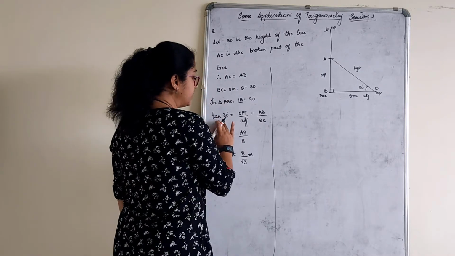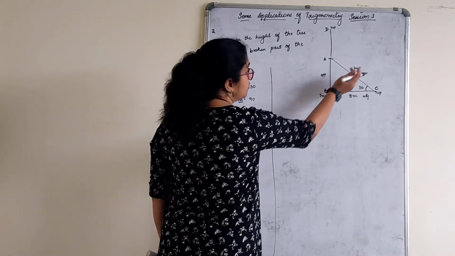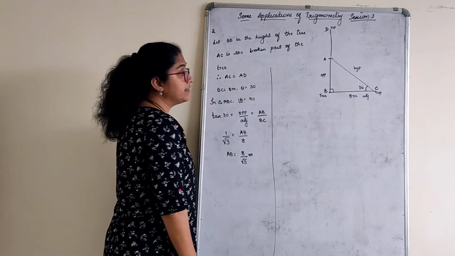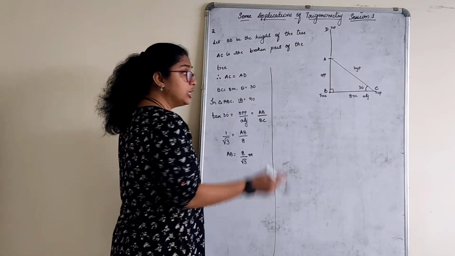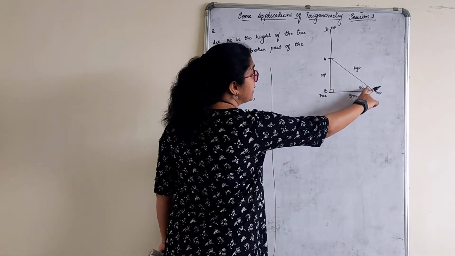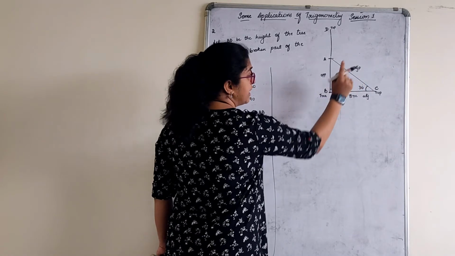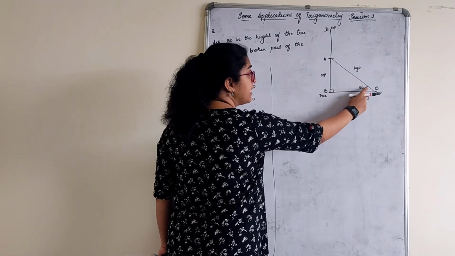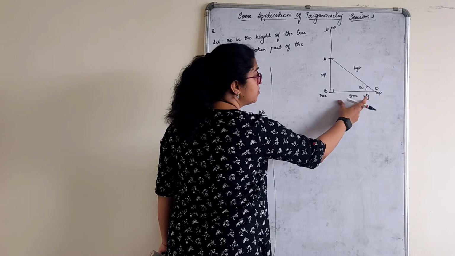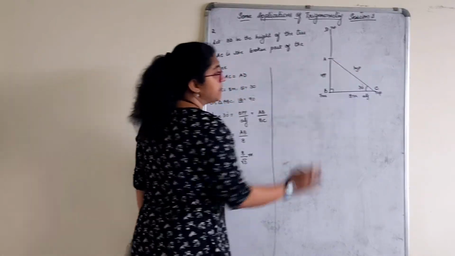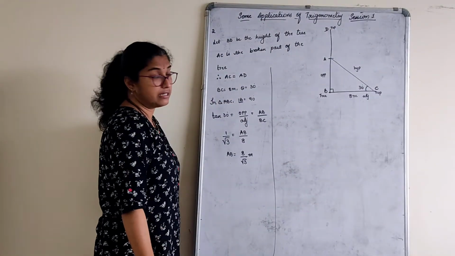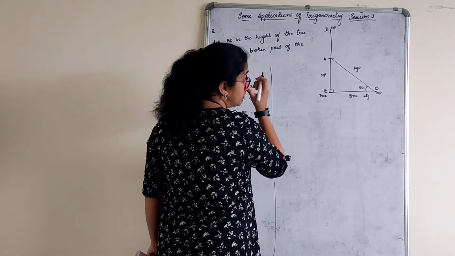I will not write it again. Opposite is known to me. Now I have to find the hypotenuse. You can either say that sine 30 is equal to opposite by hypotenuse, or you can say cos 30 is equal to adjacent by hypotenuse. Anything. Okay. So which one do you want now?